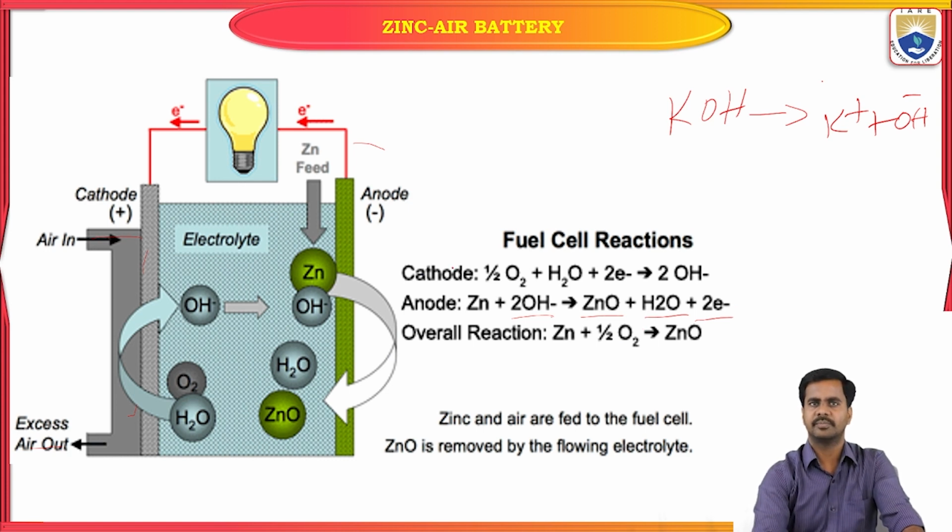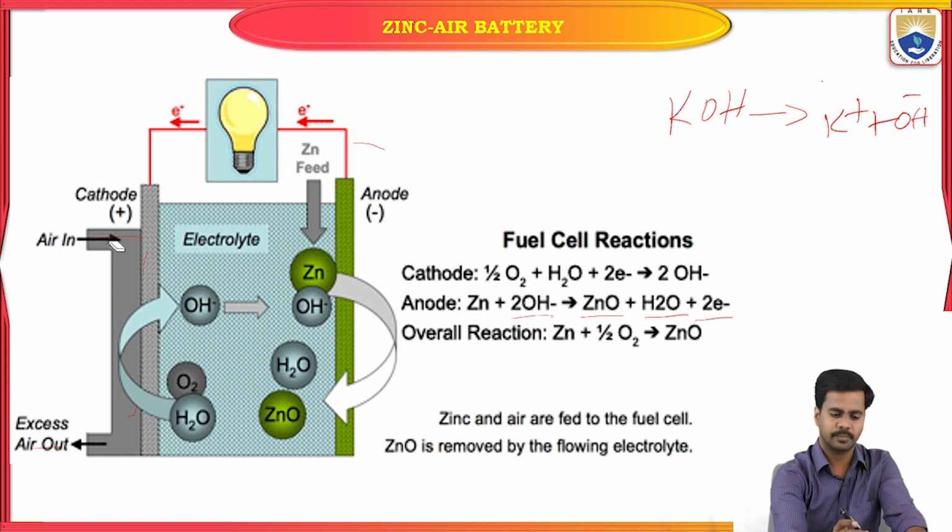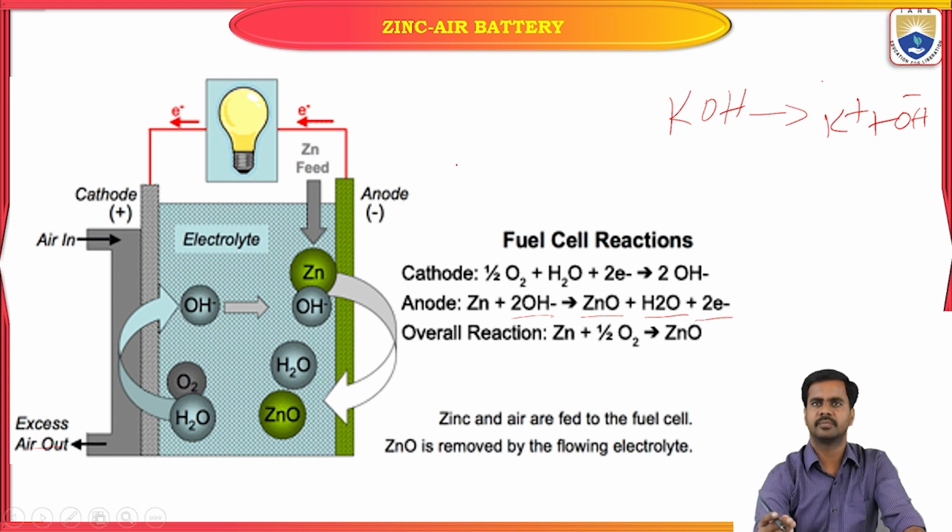Next coming to the cathode, whatever electrons are released through the oxidation process at the anode move towards the oppositely charged electrode, that is the cathode. There, oxygen passes from the environment to the cathode. That oxygen, by the gain of electrons, forms hydroxide ions.